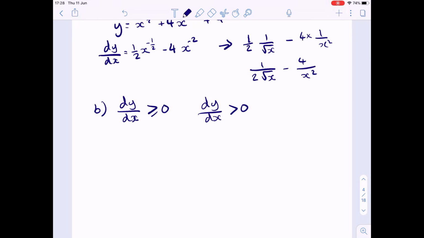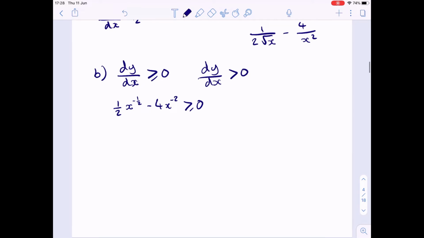So let's take our formula for dy by dx and plug it into this inequality. Okay, it's greater than or equal to 0. Now, this might seem like it's a bit overly complicated, and most people, when they made mistakes, just made it a bit too hard.